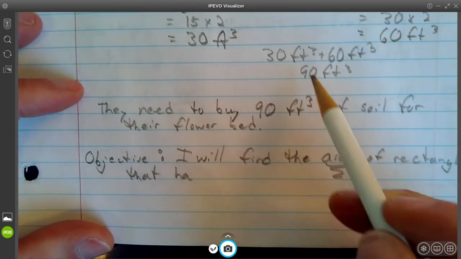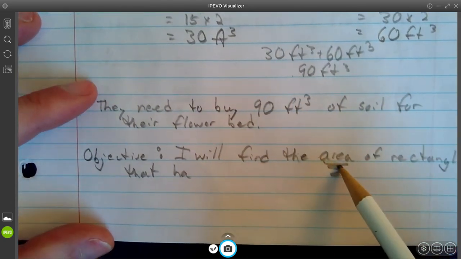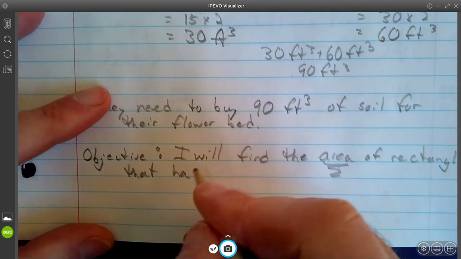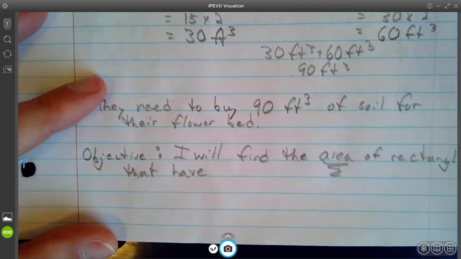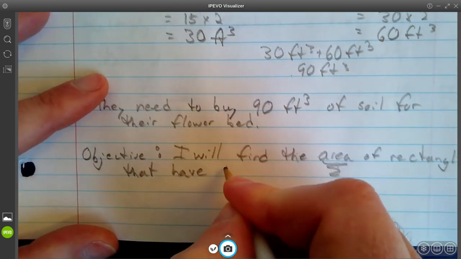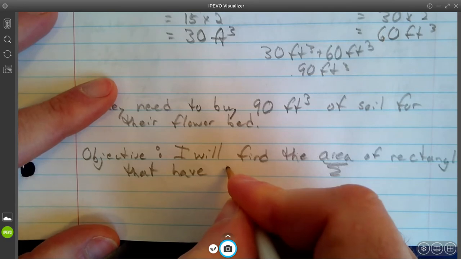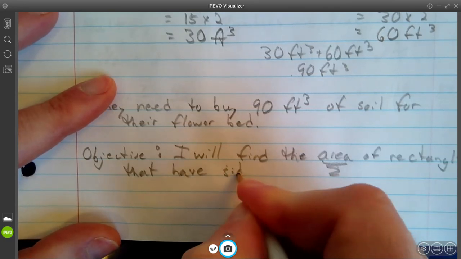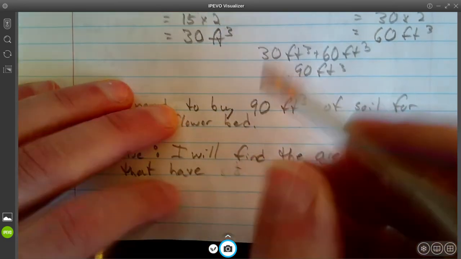I mean, we were starting to think about volume, so now we're talking about area. I'll find the area of rectangles that have, what do I want to say? That have fractional side lengths.